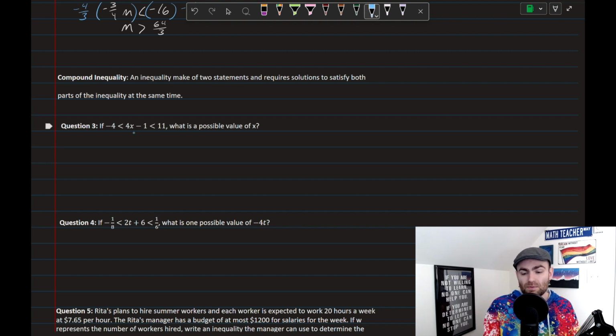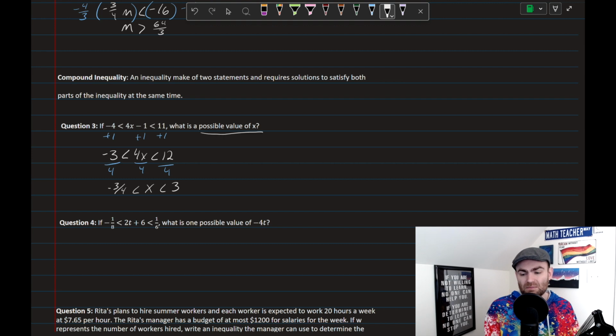We'll undo a minus 1 with a plus 1. That gets us negative 3 is less than 4x, which is less than 12. And then we can divide by 4 to all sides, and that gets us negative 3/4 is less than x, which is less than 3.